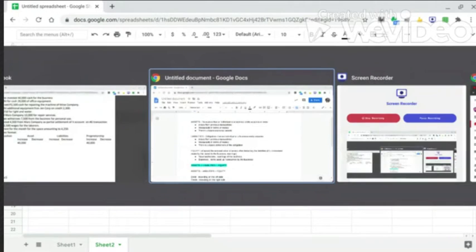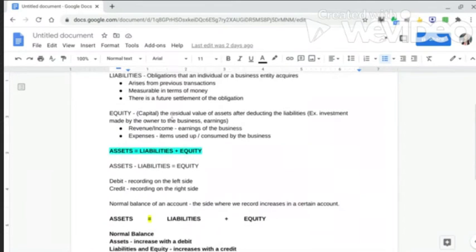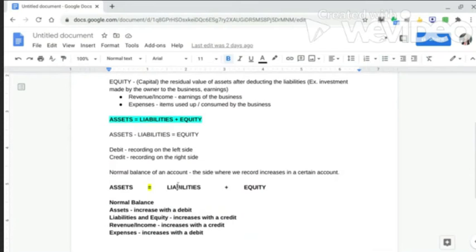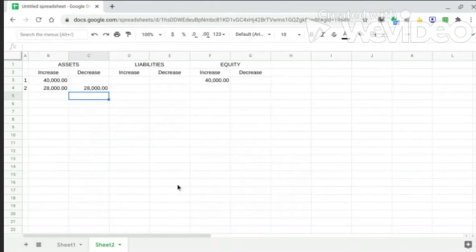So, tignan natin. So, para mag-compute niyan, gagawin natin, 'di ba, assets. So, yung mga increases na yan, gawin natin to negative kasi decrease nga eh. Wait lang. Gawin natin siya minus. Para pag nilagyan natin ang formula dito sa Google Sheets, mas madali nating maka-counter check kung tama yung sagot natin.